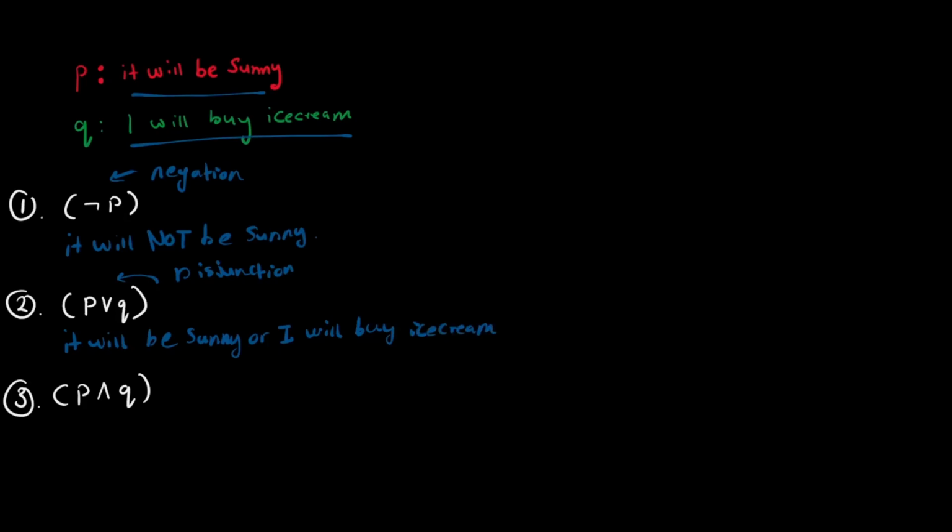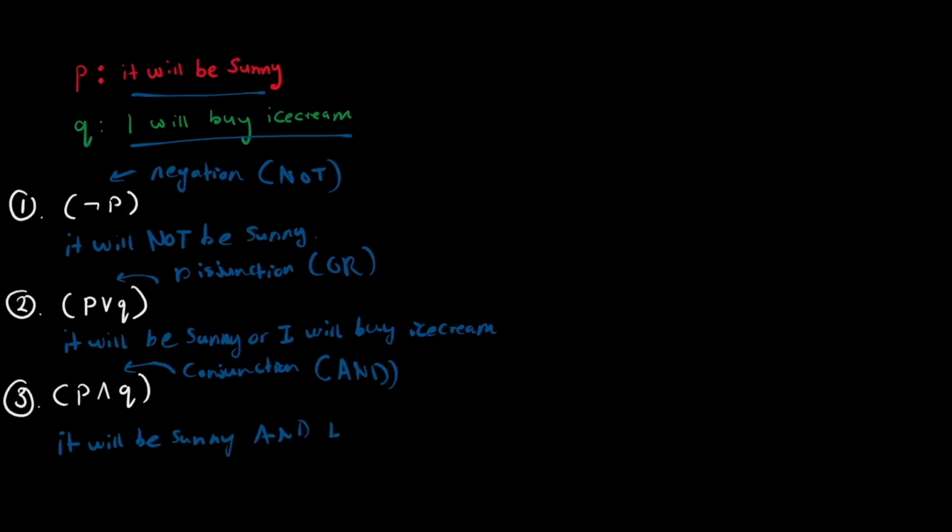The third statement says P and Q. Now this is a conjunction. P means it will be sunny and Q means I'll buy ice cream. So it'll be sunny and I will buy ice cream. The key word here is and, the key word in the previous one was or, and before that it was not.